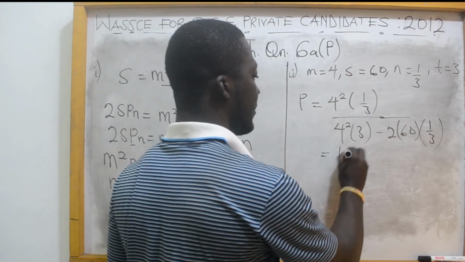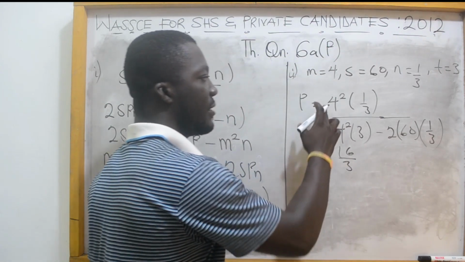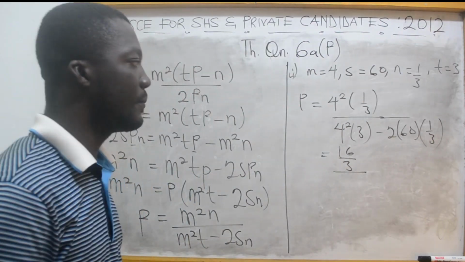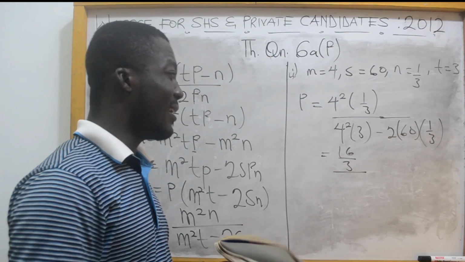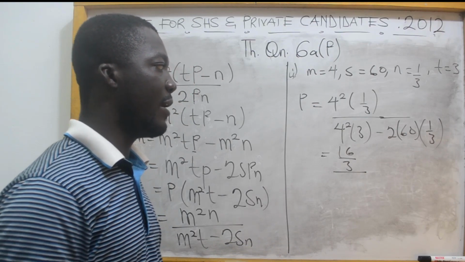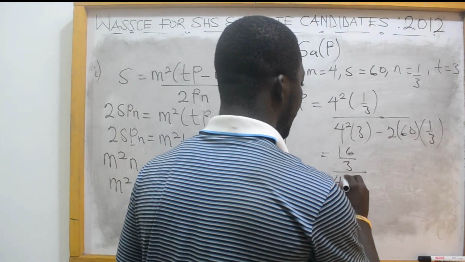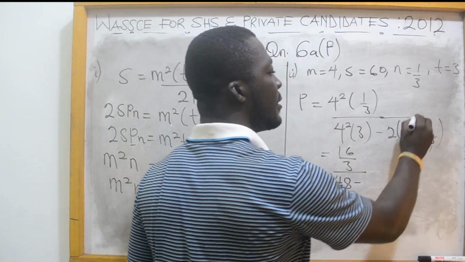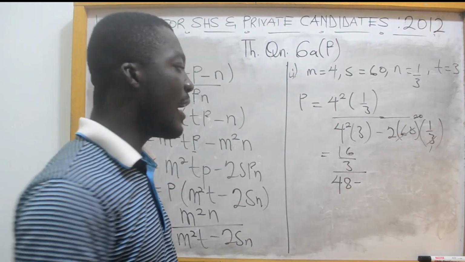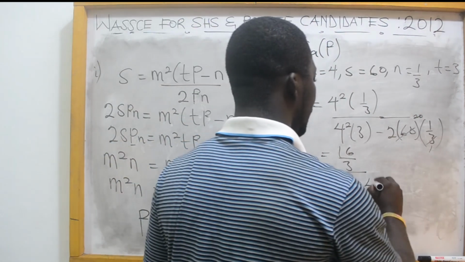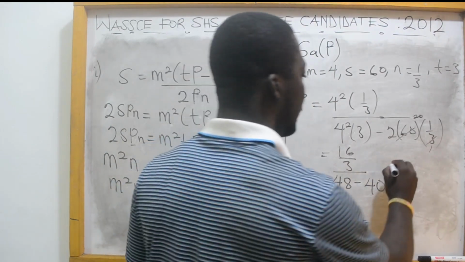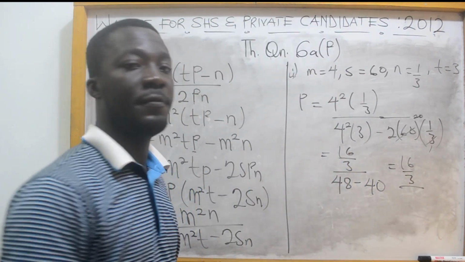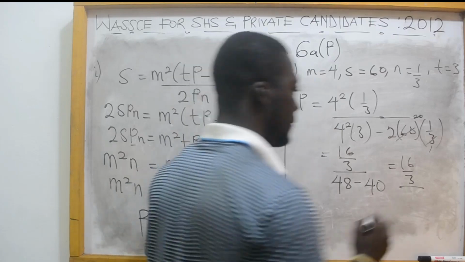We're going to get 16 over 3 here. And 16 times 3 is 48, minus 3 can cancel itself. 3 into 60 is 20. 20 times 2 is 40, so minus 40, and it will give us 16 over 3, divided by 48 minus 40 is 8.